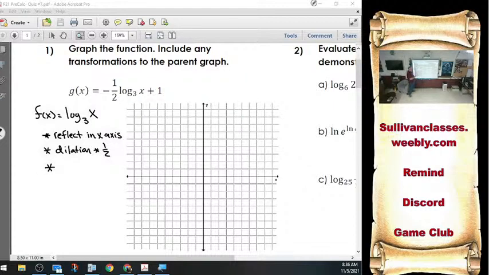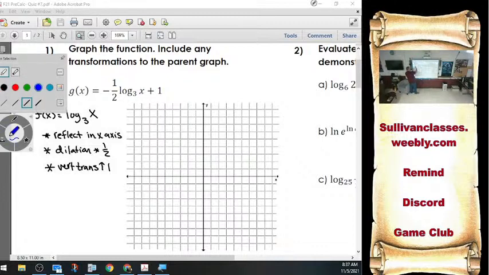And how do I know it's a vertical translation, not a horizontal? Okay.